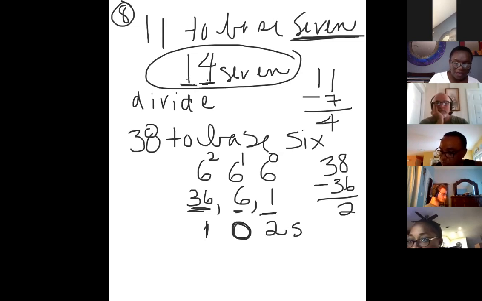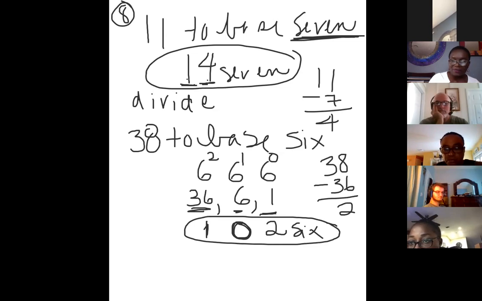And that will create the number 38 in base 6. Okay, so it's 102 base 6. By the way, guys, the 6 is a subscript. It is lower than the numbers, okay?